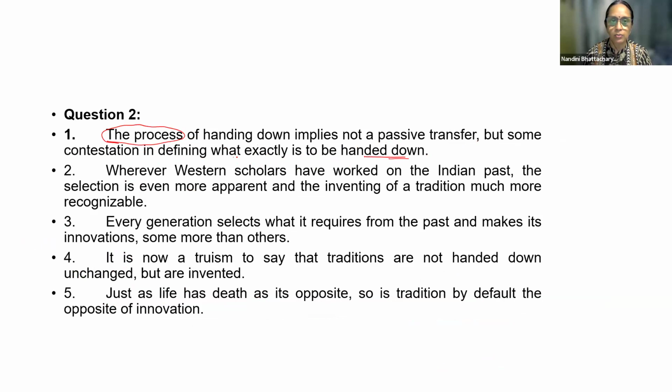So what has to be handed down? This can be introduction. Something has to be linked to this. Wherever Western scholars have worked on the Indian past, the selection is even more apparent, and the inventing of a tradition must be more recognizable.